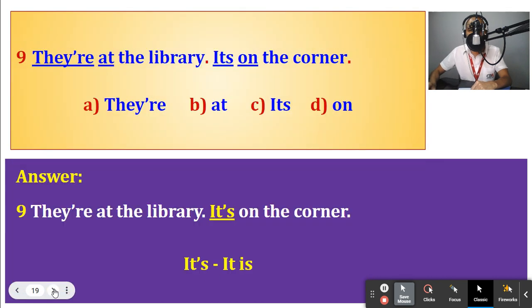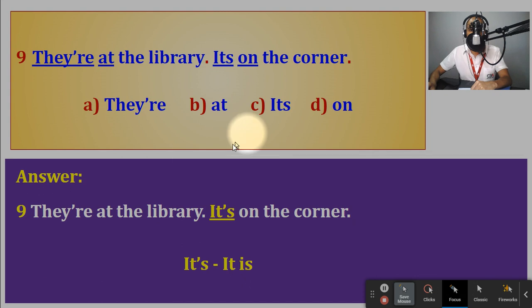Okay, let's see. Well, as you can see, number 9 says, there at the library, its on the corner. In this case, the mistake is letter C. Why? In letter C, we have its. This is a possessive pronoun. In this case, we need the it apostrophe s.